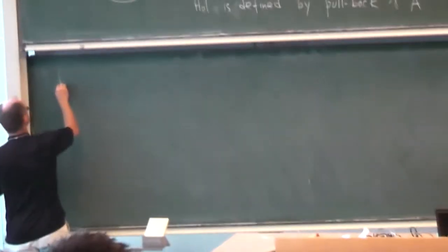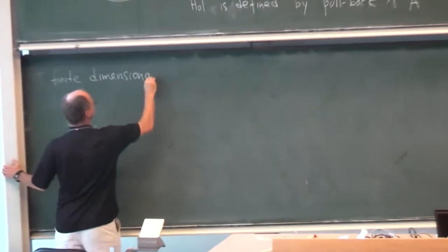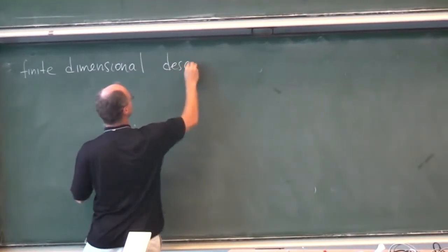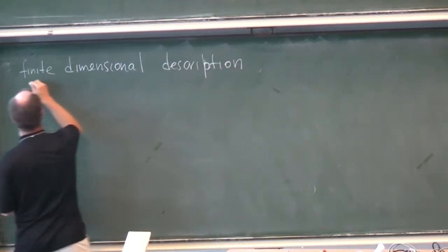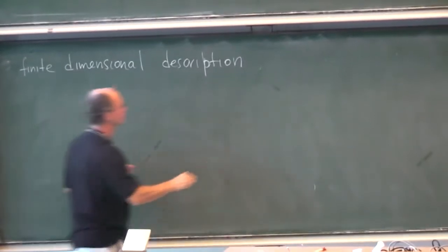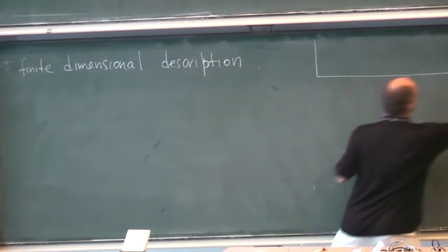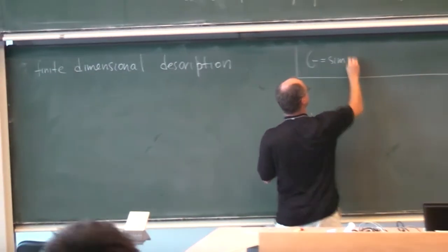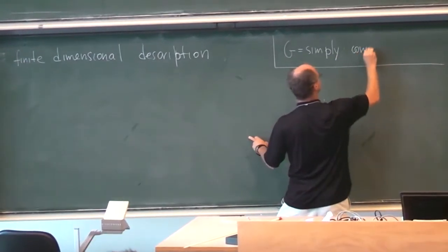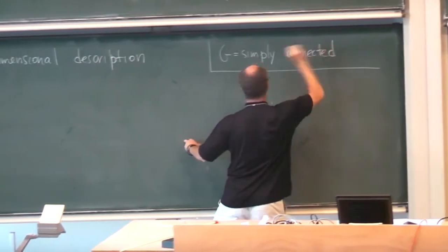So now the finite dimensional description. So again, let me assume for now that G is simply connected.